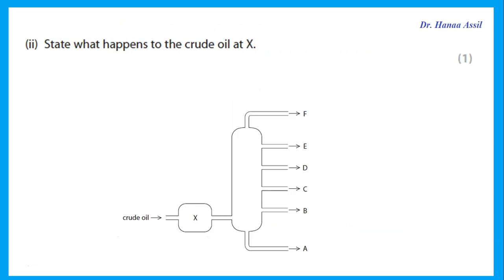State what happens to the crude oil at X. Of course, the first thing that we do to the crude oil is when it passes in X, crude oil is heated and vaporized. So it becomes vapors, gases, and it goes up the fractionating column.